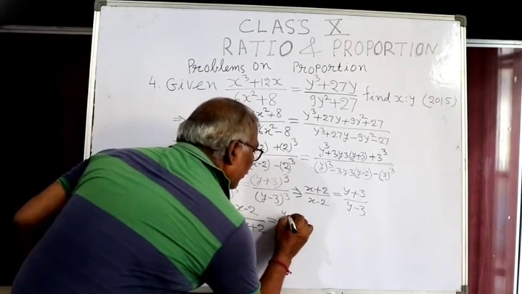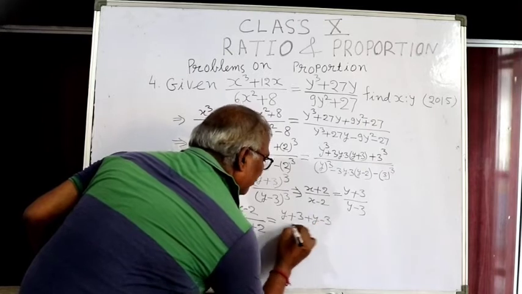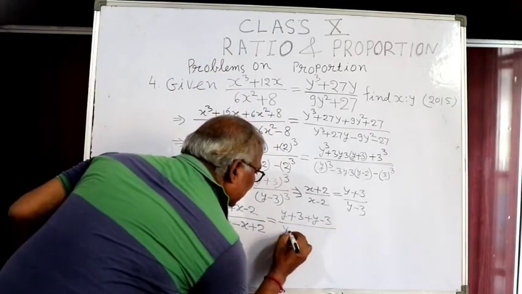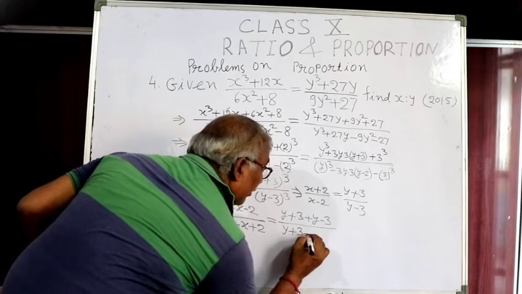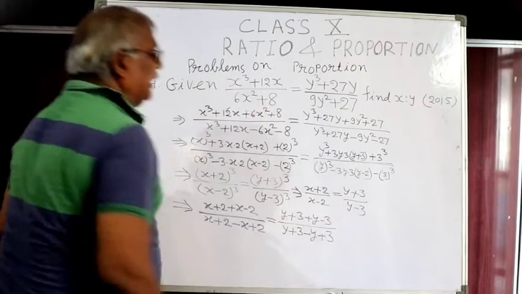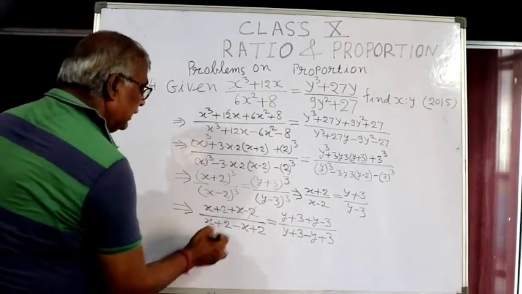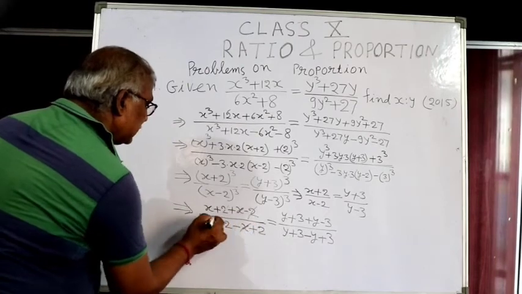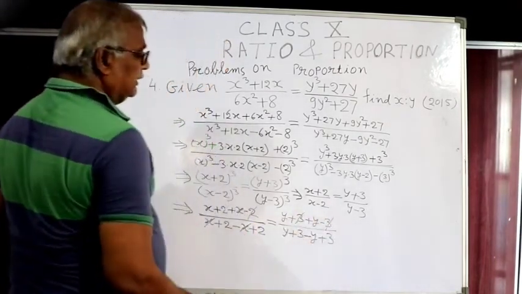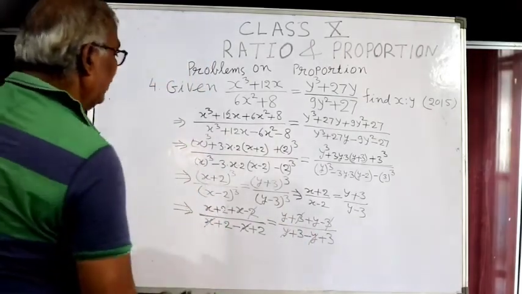Similarly, y plus 3 plus y minus 3, upon y plus 3 minus y plus 3. This sign will be changed. Here plus 2 and minus 2 cancel, minus x and plus x cancel, plus 3 and minus 3 cancel, and plus y and minus y cancel.